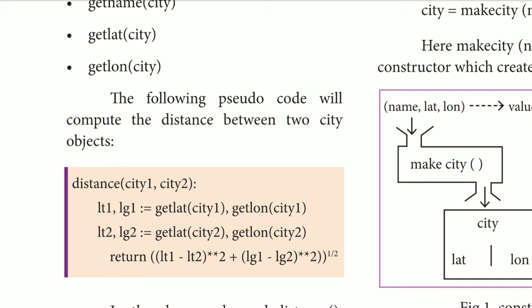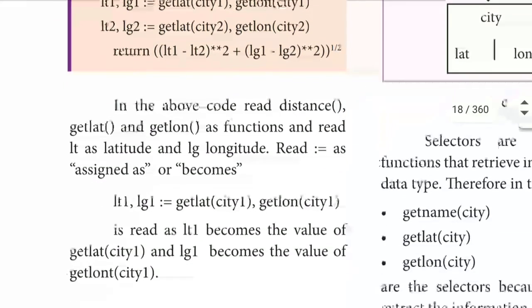Latitude 2, longitude 2 equal to get lat of city 2 and get long of city 2. Return: they are subtracting the latitude and longitude and taking the square root, to find the distance between two cities.